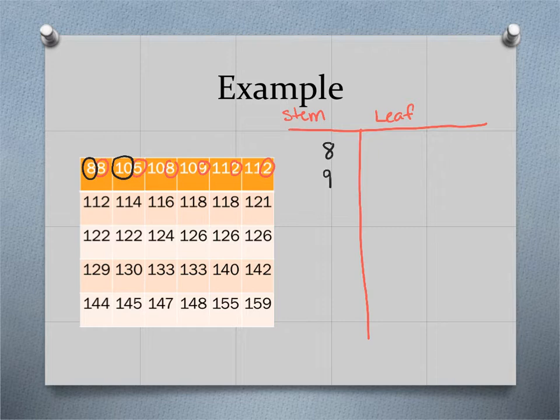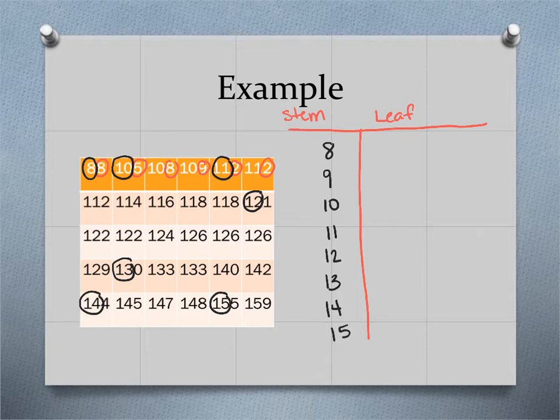So we'll write a 9 first, then we have a 10, then an 11, a 12, a 13, a 14, and a 15. So notice how the data ranges from 8 to 15 here.